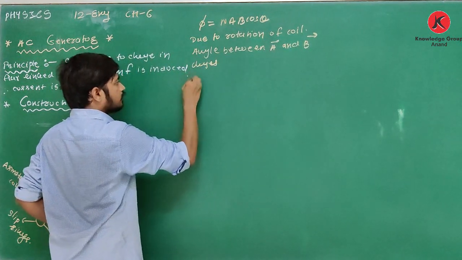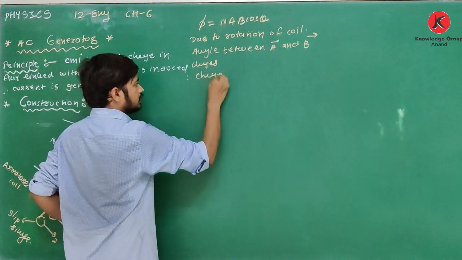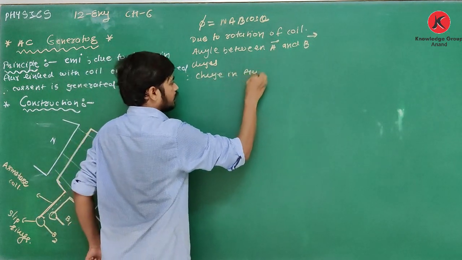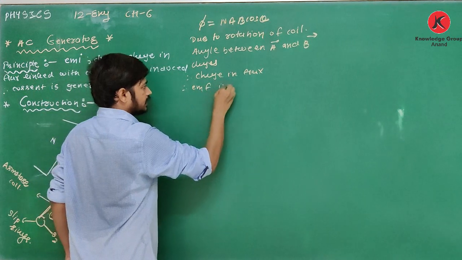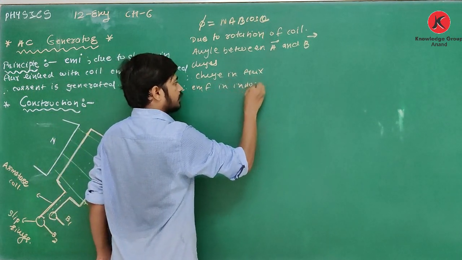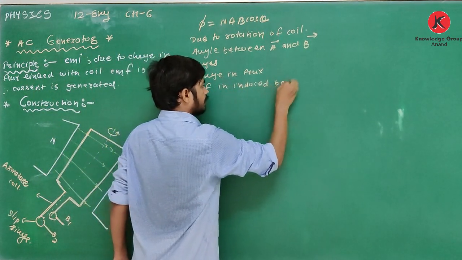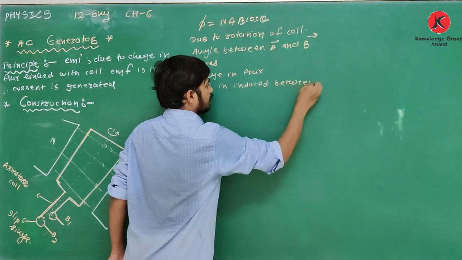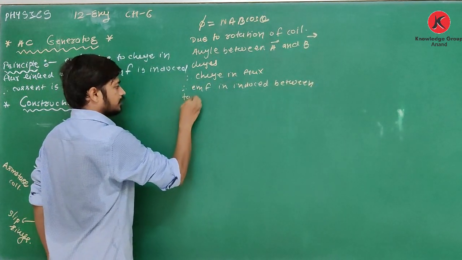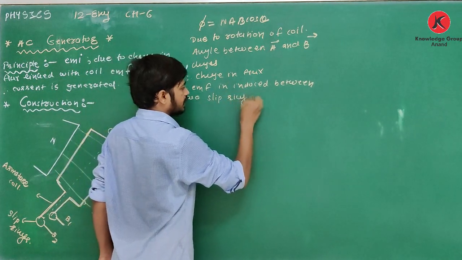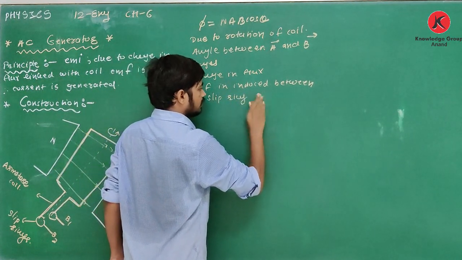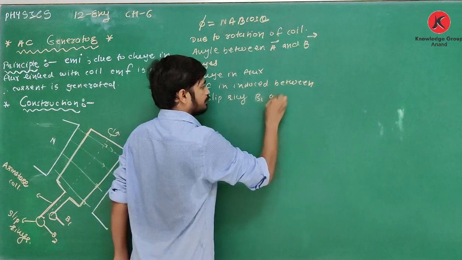Therefore there is a change in flux, and therefore EMF is induced between two points, between the two slip rings B1 and B2.